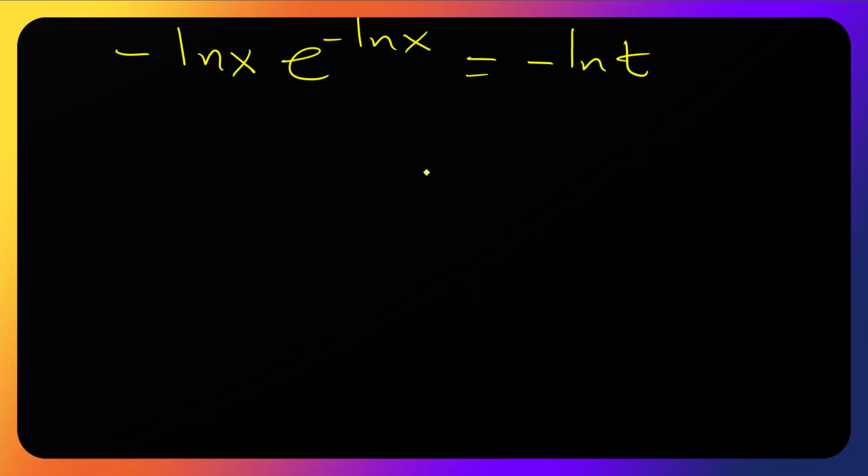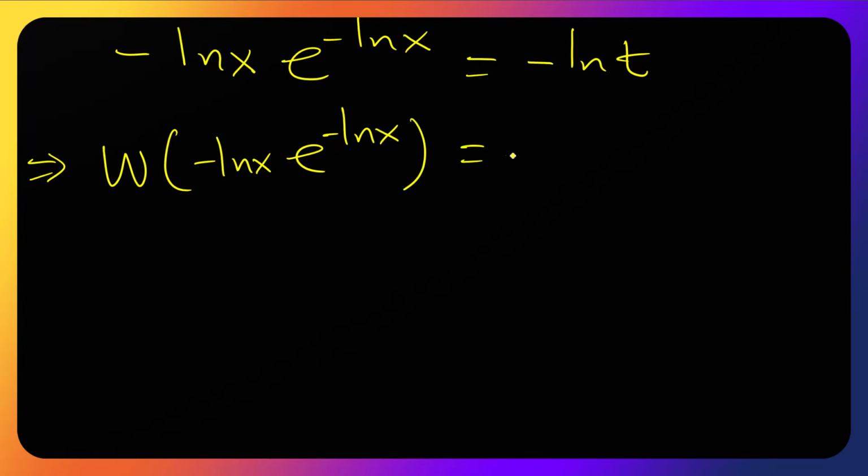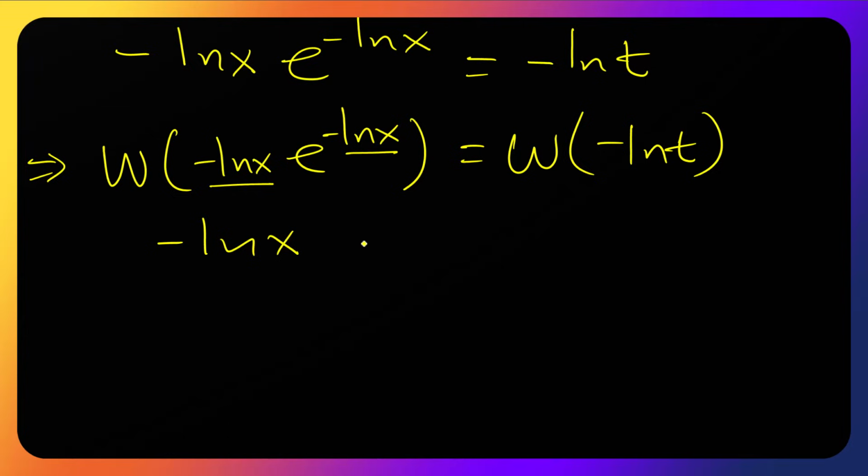Okay, so from here we can take the W function. We have the W function of that, times e to the minus ln of x, equal to the W function of minus ln of t. So this one equals this, so the W function of this will be minus ln of x, equals the W function of ln of t to the power minus 1.